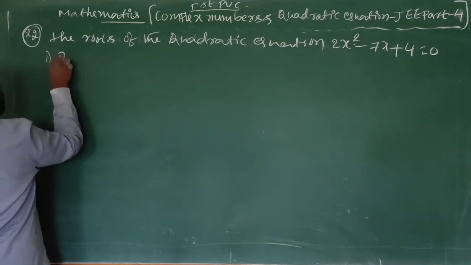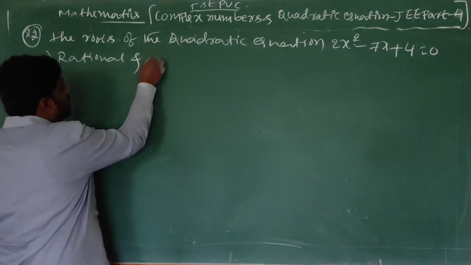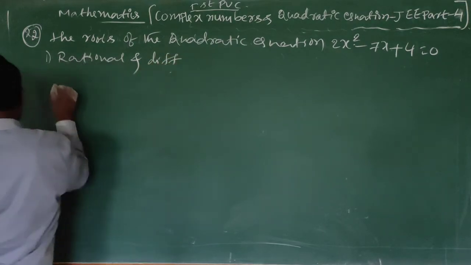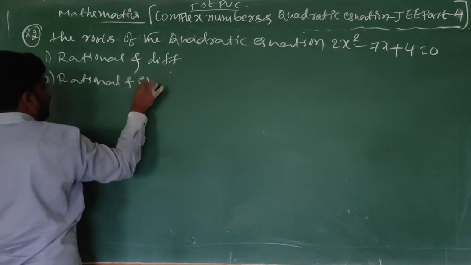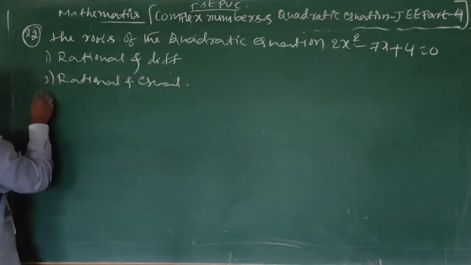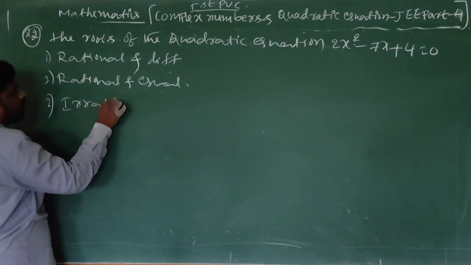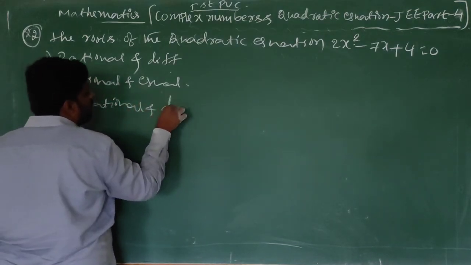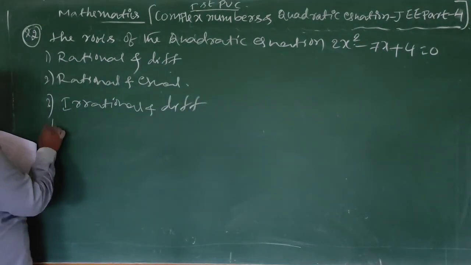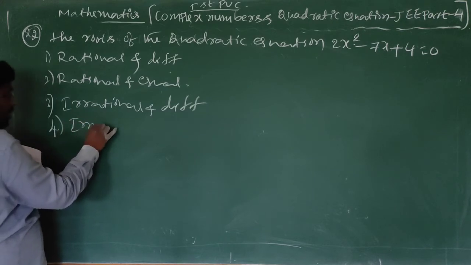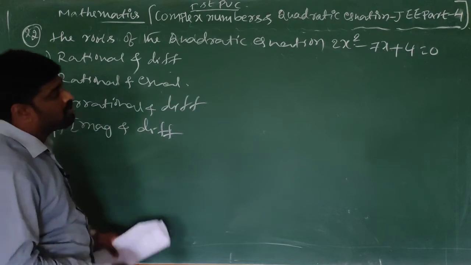First option, rational and different. Second option, rational and equal. Third option is irrational and different. Fourth option is imaginary and different.